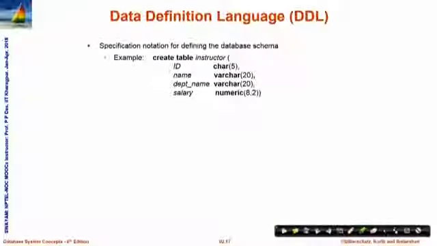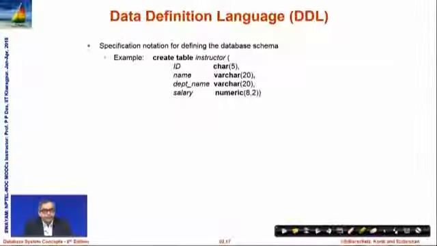You can define that I am going to have a table called instructor, which will have 4 different fields, each having certain types of data. It says that the ID will be 5-character data. The name would have a variable length, because you cannot say that the name will be of a fixed length. That is what varchar says, but the length will not exceed 20.